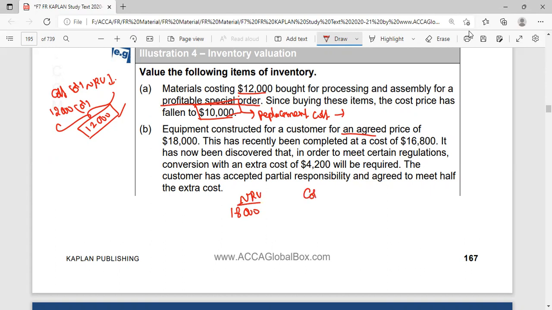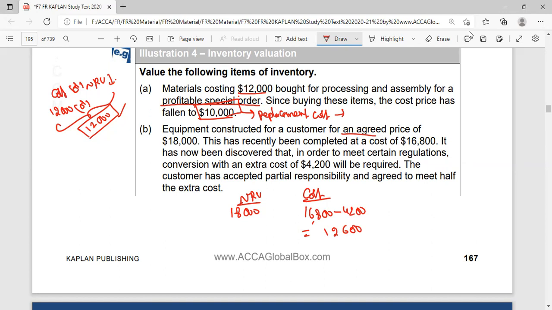And what is the cost? The cost incurred is 16,800. But for meeting certain regulations, he has to spend some extra cost, 4,200.